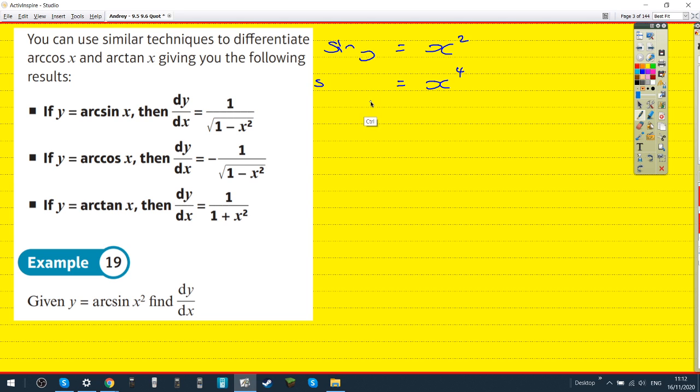Let's do it your way. We could square root both sides. Alright, square root both sides. What do you get? Square root of sine y equals x.